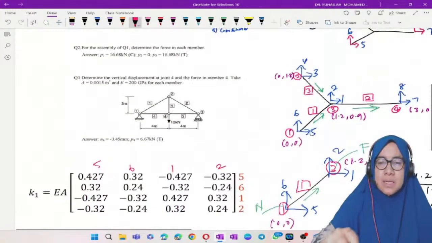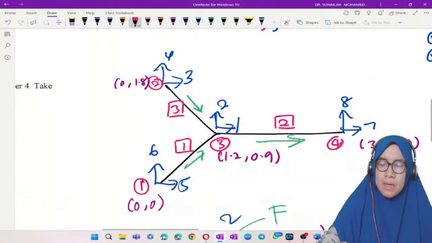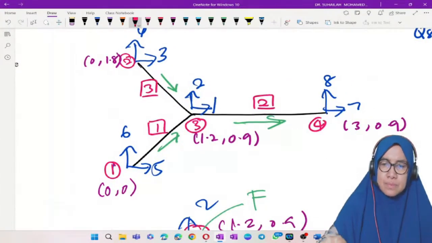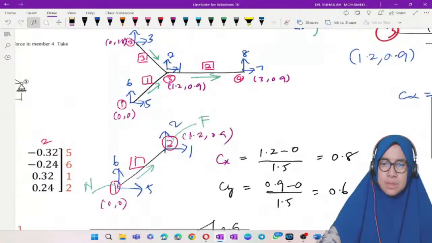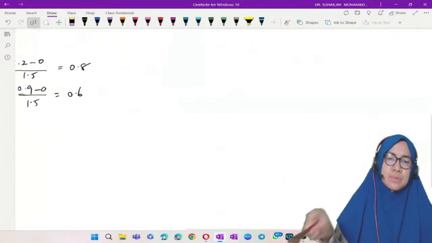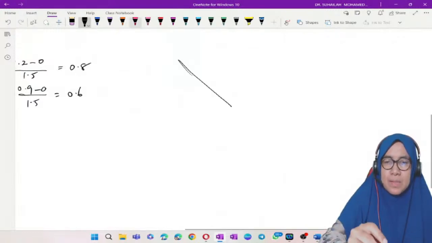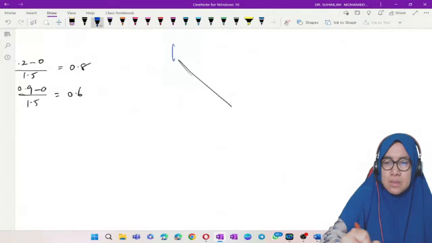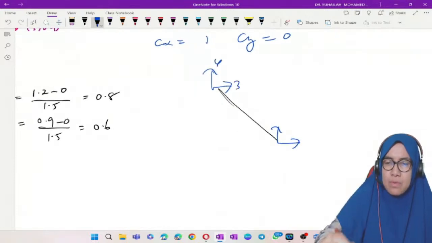Okay, next is element number 3. For element number 3, it is 3, 4, 1, 2. The arrow is like this.